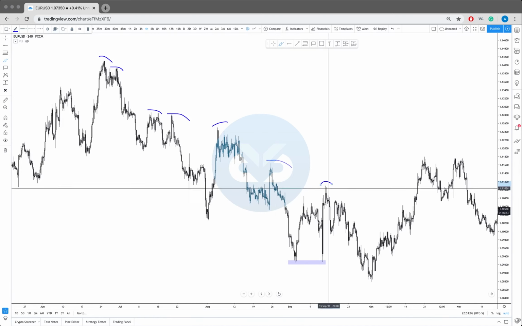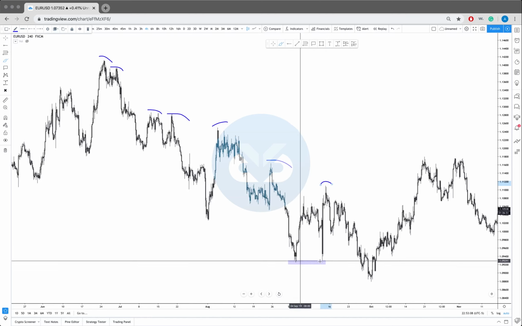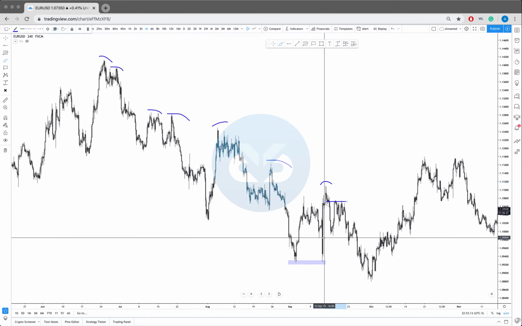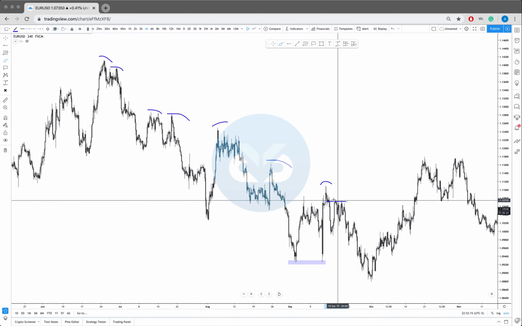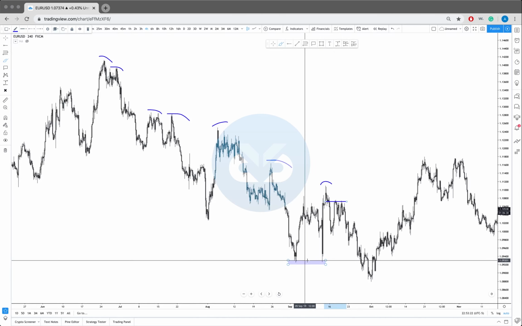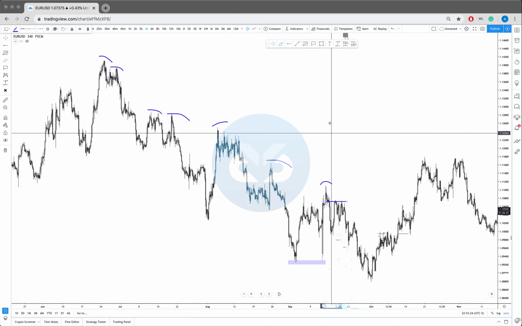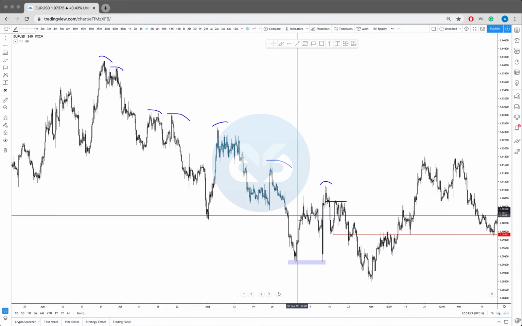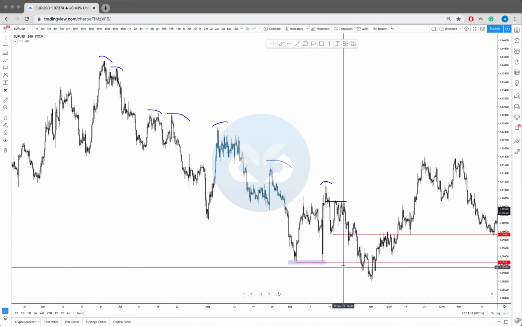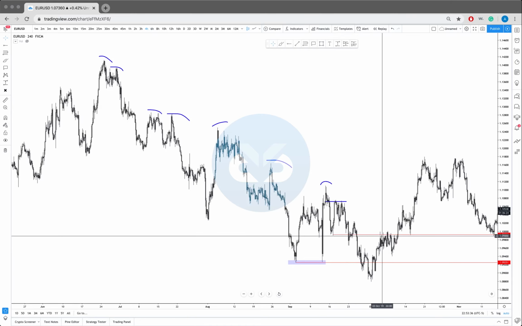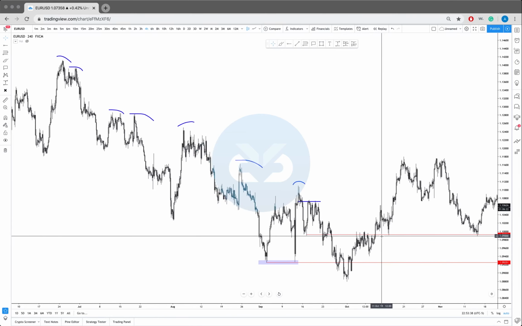So therefore, these equal lows are targets based off of the continuation play here. If I get an entry here, with a 5 pip stop, 4 pip stop, whatever, these equal lows are one of my targets. In this case that would be TP1, and then these would be TP2. Every single low in a sell position is considered your target.